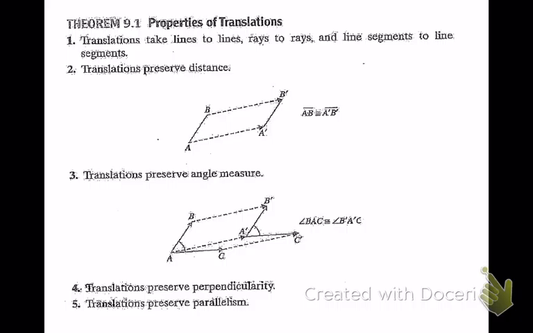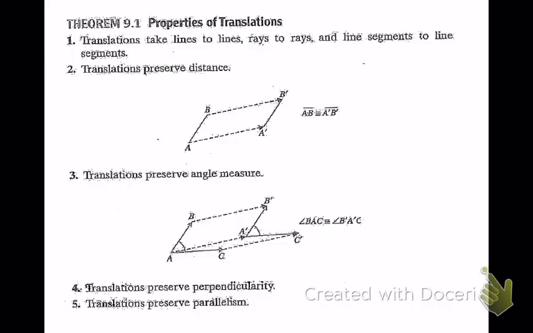So then we have properties of translations. Translations take lines to lines, rays to rays, and line segments to line segments. All right. So if the pre-image was a line, if it was AB, then the image A prime B prime will also be a line.